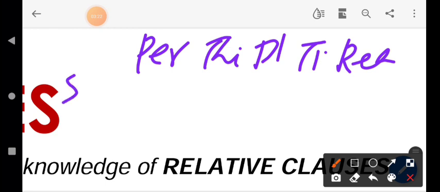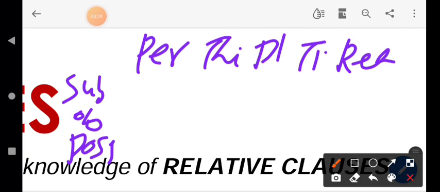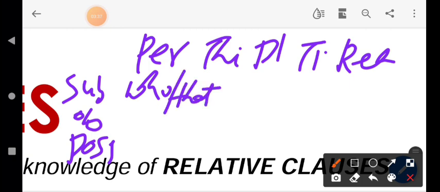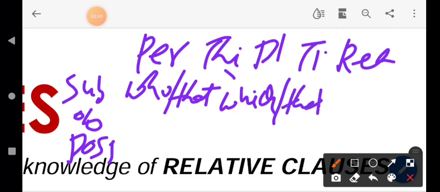Here: subject, object, possessive. For person, we use the relative pronouns who or that. Please understand. For things, we use the relative pronoun which or that.